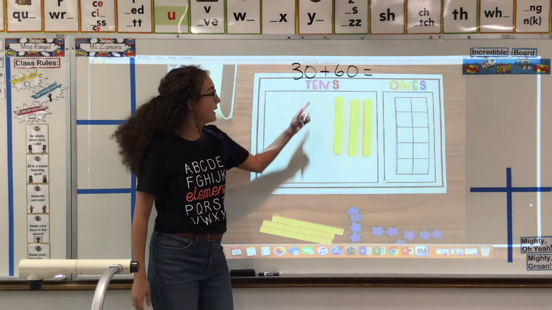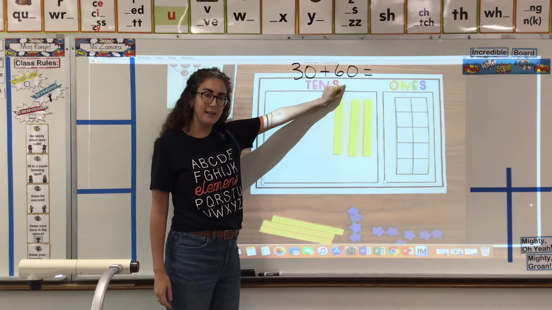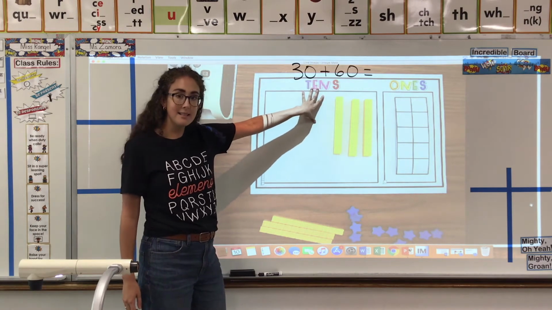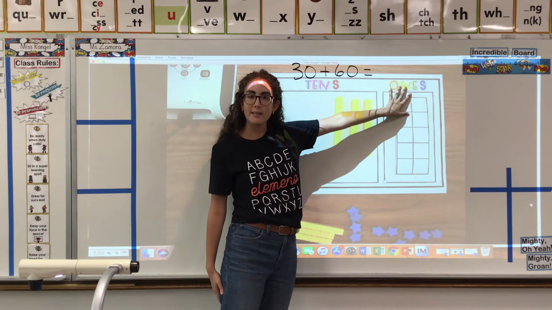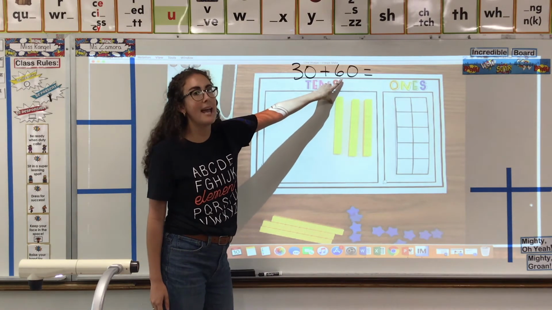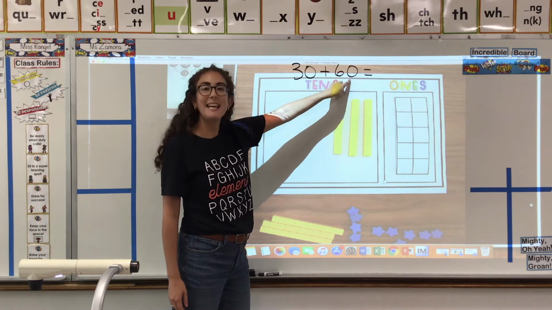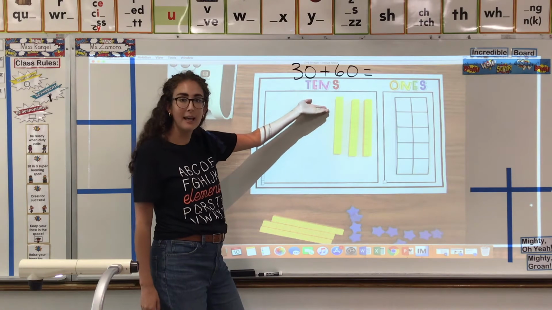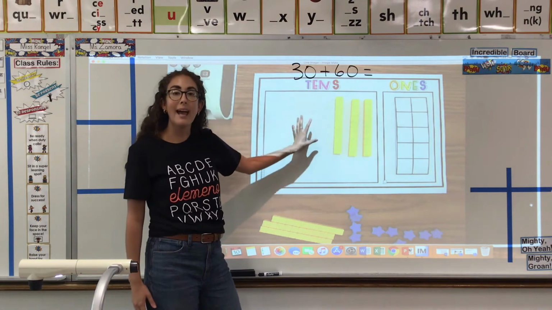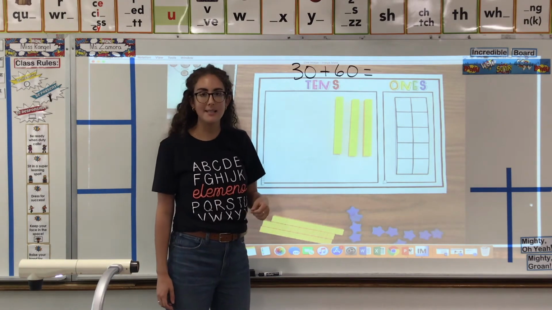So now, let's see what we're going to add. So number 60. Is 60 tens or is it ones? What is 60 the say 10 way? It's 6 tens. The number 60 means we are going to add to our tens place because 60 is 6 tens.